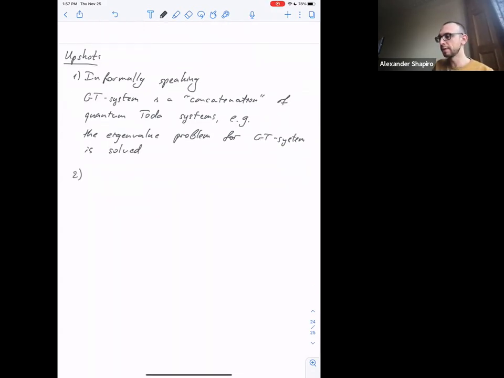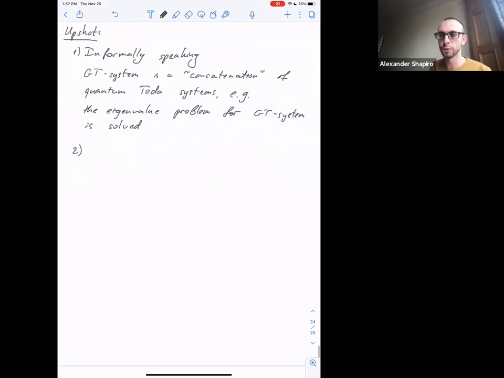The second part is the following. There's another family of representations that appeared in the works of Gerasimov, Kharchev, Lebedev, and Oblezin, the so-called GKLO representations. Let me explain how they appear from this picture.